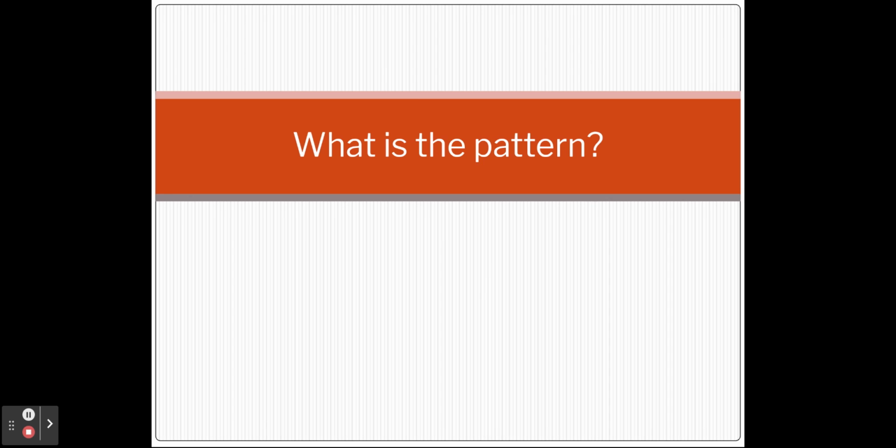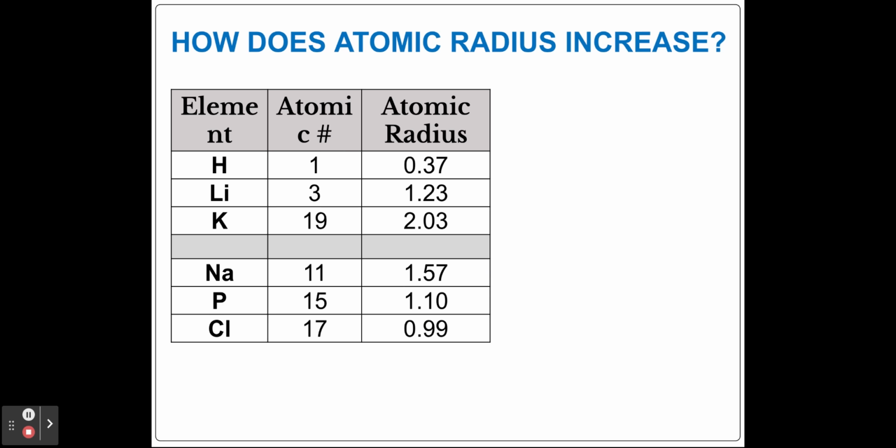So what's the pattern or trend in the periodic table when we're talking about atomic radius or size? Let's look at a few elements. If you have your periodic table, we're looking at the elements hydrogen, lithium, and potassium, and you'll notice they're in the same group, group number 1.